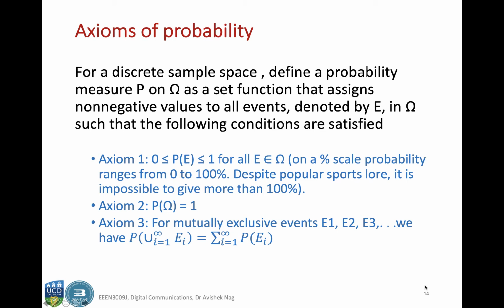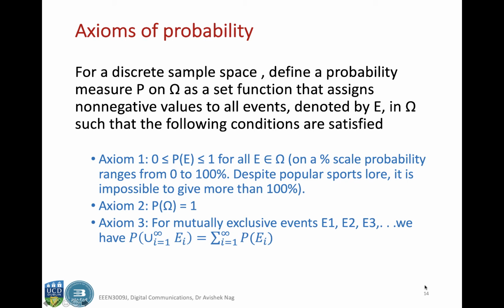And in general, for any event E, the probability will lie between these two boundaries of 0 and 1. And if you take the probability of the entire sample space, which is a sure event bound to happen, that will give you the value equal to 1.